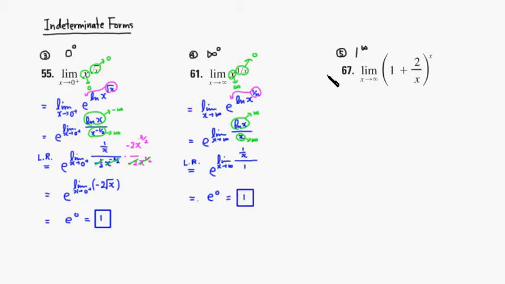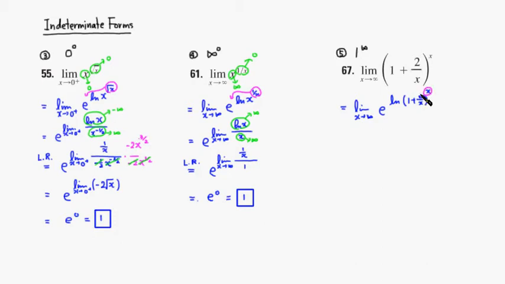Alright, let's look at the last example. What if you have 1 to the infinity? The trick is exactly the same. We write it as the limit as x approaches infinity of e to the natural log of 1 plus 2 over x raised to the x power.